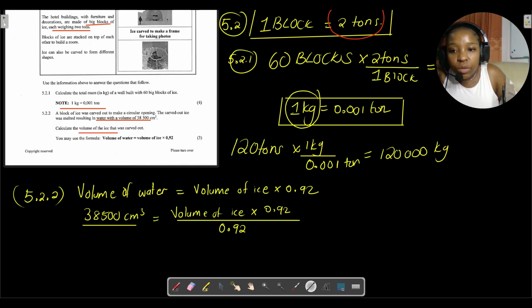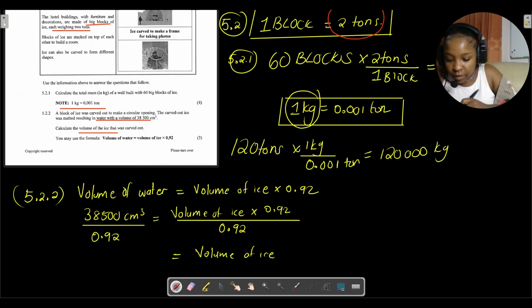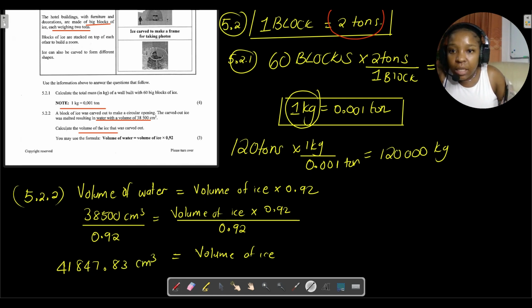Therefore, volume of ice is equal to 38,500 divided by 0.92, which gives us 41,847.83 centimeters cubed, rounded to 2 decimal places. So that is the volume of the ice that was carved out. Nice and easy. We were given everything there. All we needed to do was substitute into the formula.